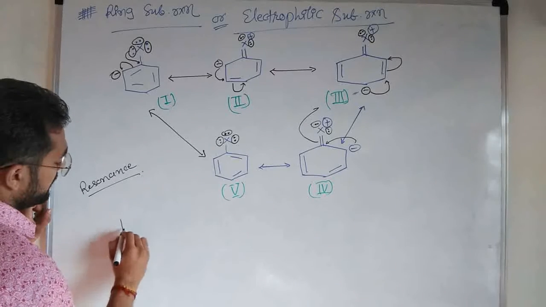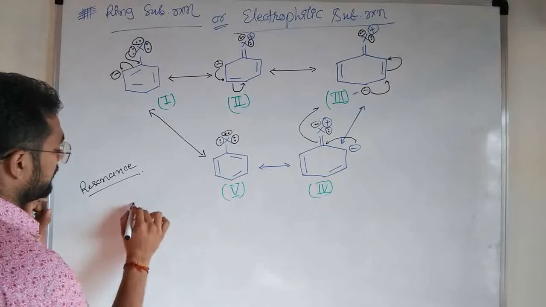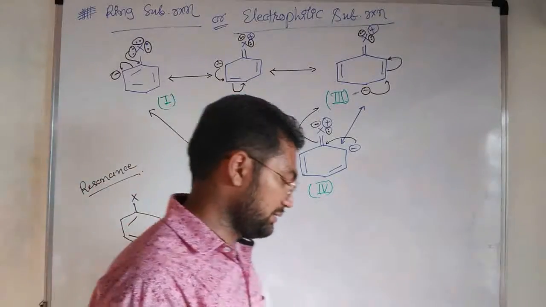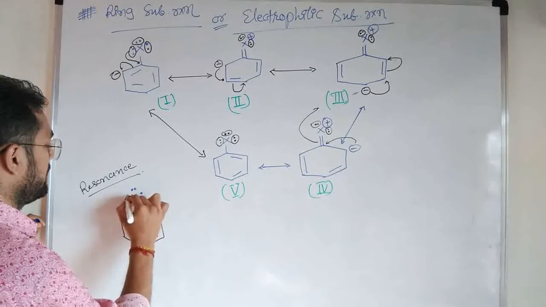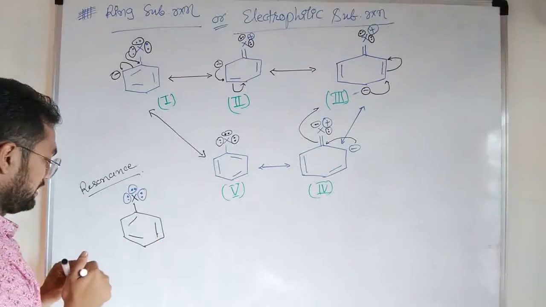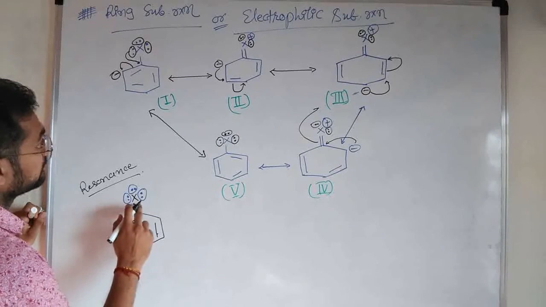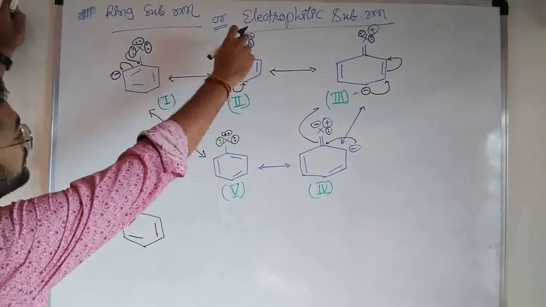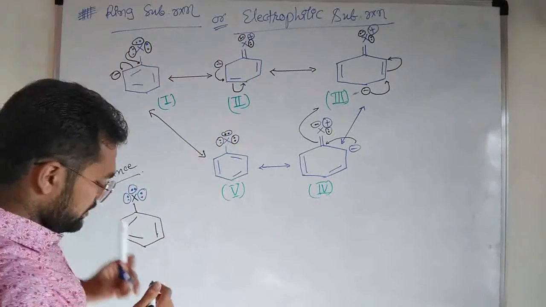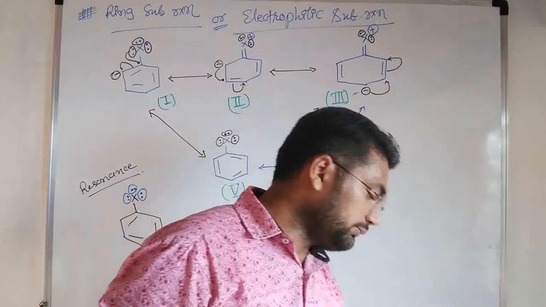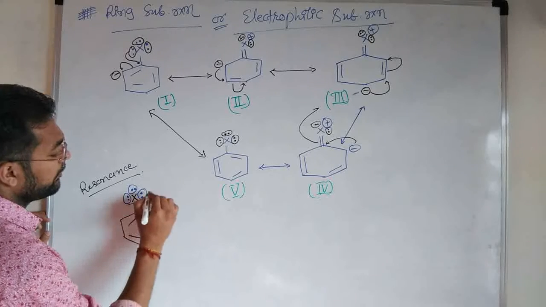Just focus here. Any halogen-containing compound like this halogen has lone pairs, 1, 2 and 3 lone pairs like this. In the C-X bond, as we already discussed, the electronegativity of X is more.